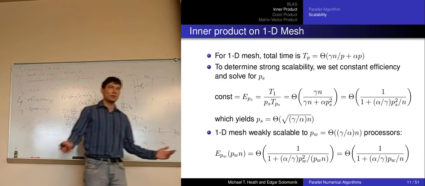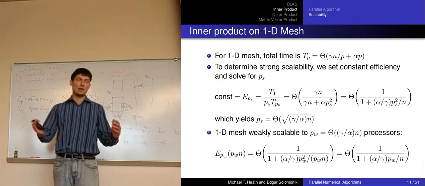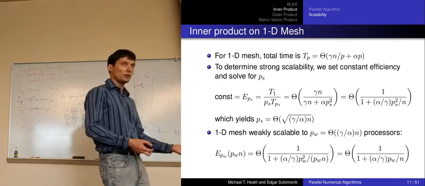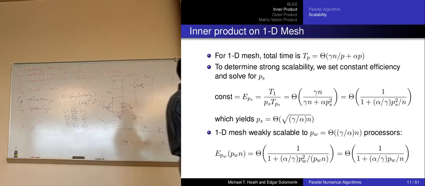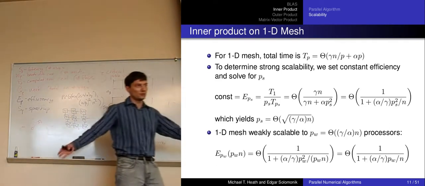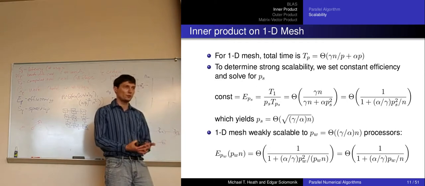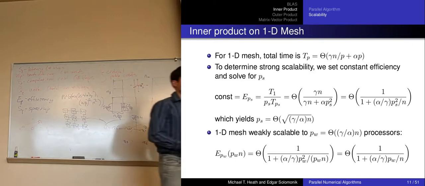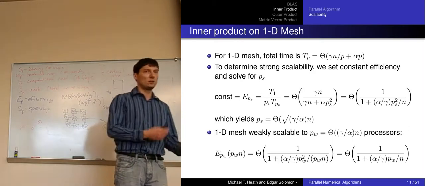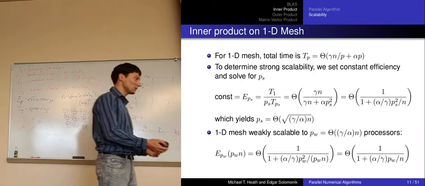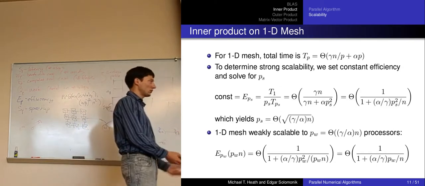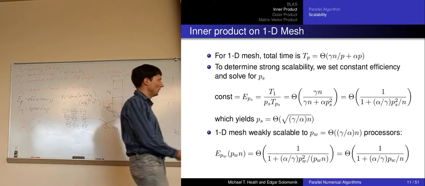While as we weak scale, we keep constant the time spent doing the local computation, the local inner product, while the time it takes to do the reduction across processors is growing by a factor of P. So we get a linear dependence on N. As we grow the number of processors, we outweigh the time that we had originally, so that's actually scalable linearly.